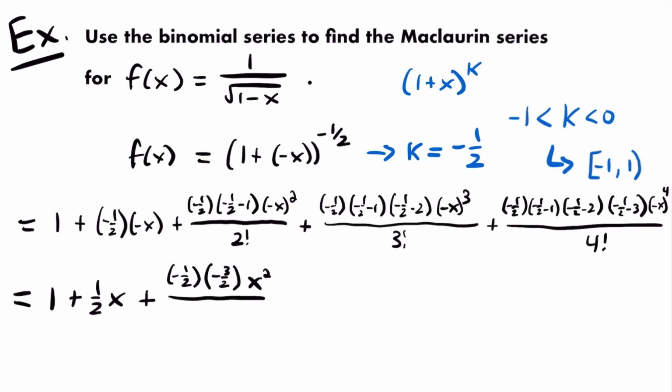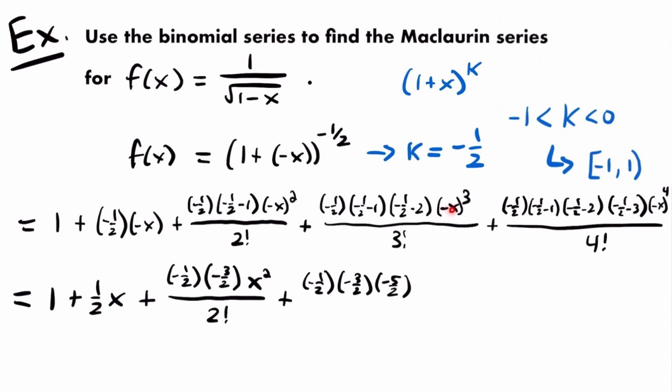Then we'll divide this by 2 factorial, then add that to negative 1/2 times negative 1/2 minus 1, which is negative 3/2. Then negative 1/2 minus 2 will be negative 5/2, right? 2 is the same as 4/2, so negative 1/2 minus 4/2 will be negative 5/2.